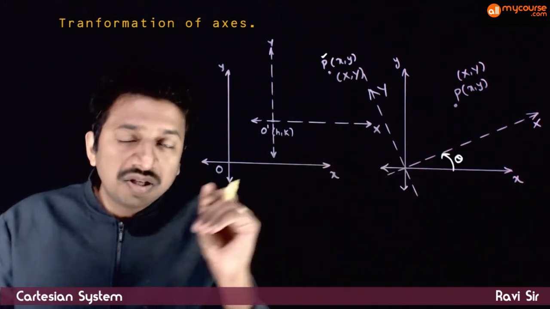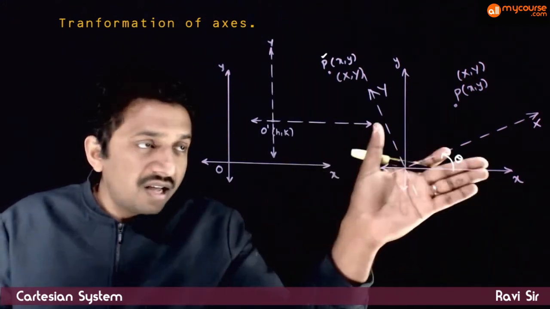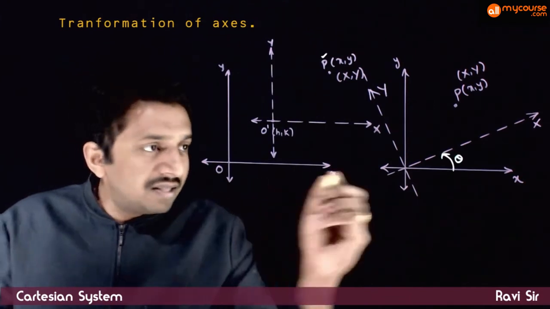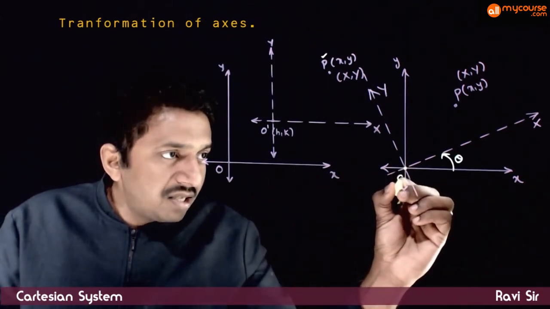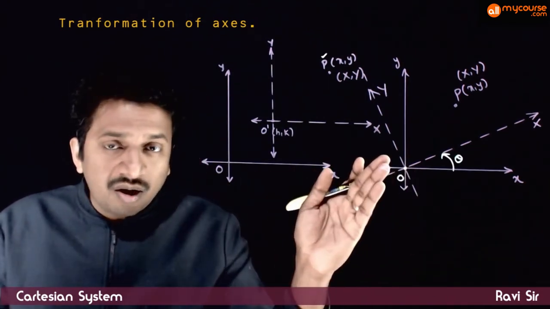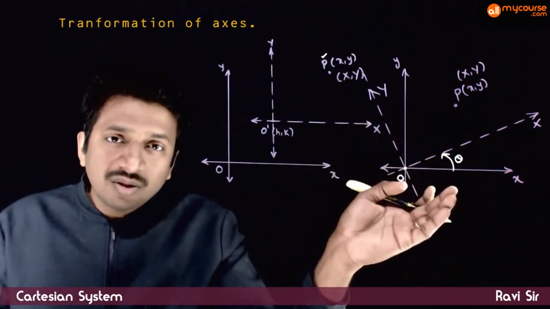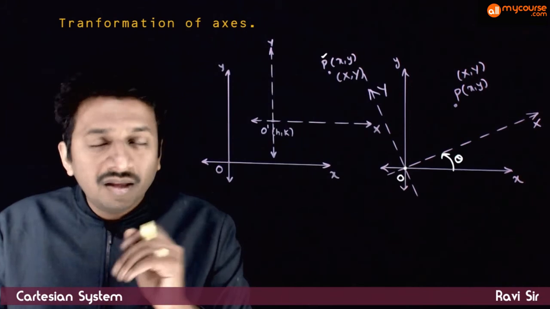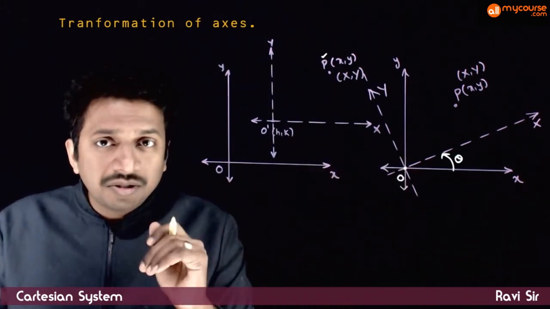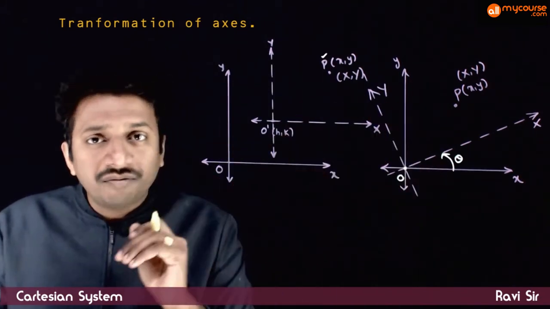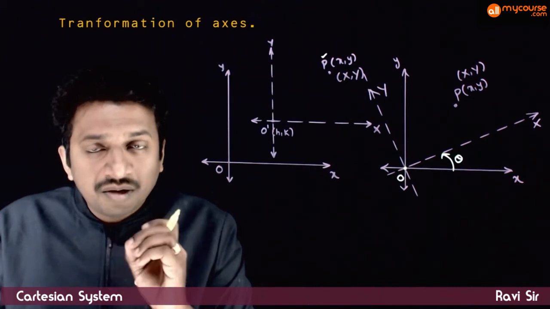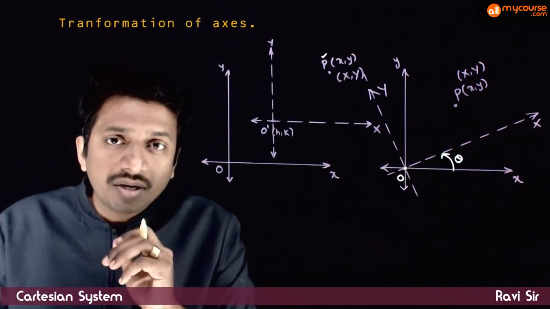Similarly, the next transformation that we are going to look at is rotation of axis. This time we don't change the origin of the coordinate system, we just rotate the axis through some angle theta. With this operation also, you can see that the coordinates of the point change, because by definition, what are the coordinates of the point?